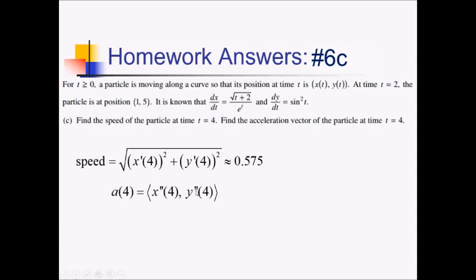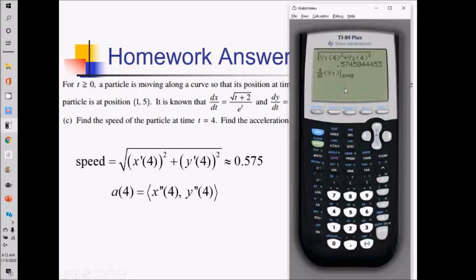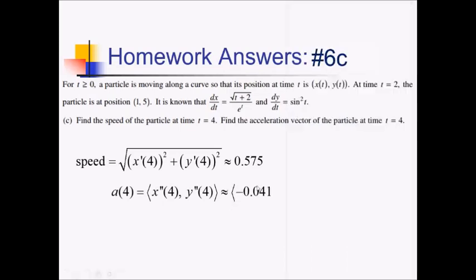I can just calculate those derivatives completely on the calculator. So for x double prime of 4, I'm taking x prime, which is y1. I'm doing math 8 to take the derivative of that, dx here, and x equals 4, and pressing enter to get about 0.041, and that's negative. So that's the first part of our component for our acceleration.